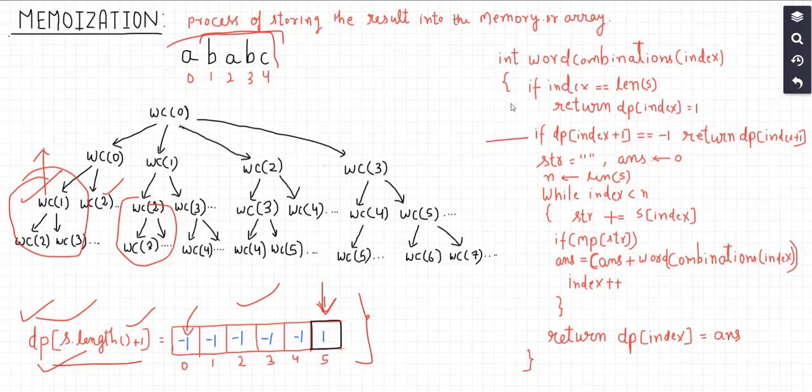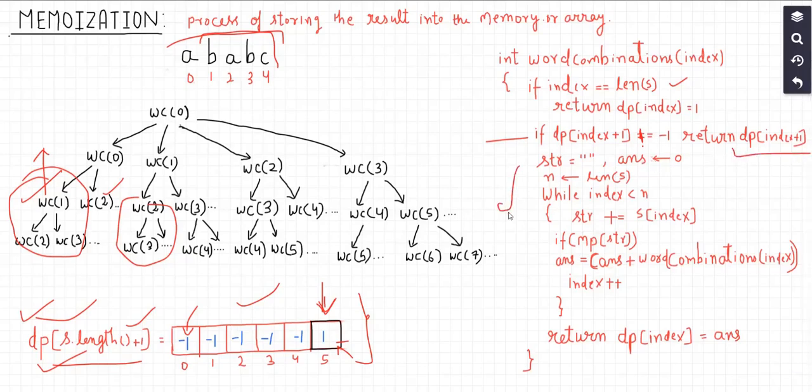So here you see in this code, the change that I have made is simply, if I reach the base case, then I will assign 1 to the last index here. If I already have the result for some particular index, that means it is not equal to -1, if I have some other integer, then I will return that result right from here.